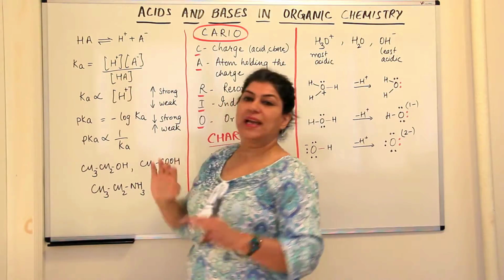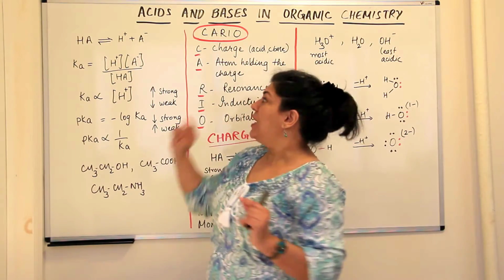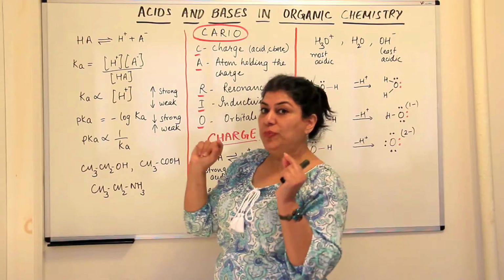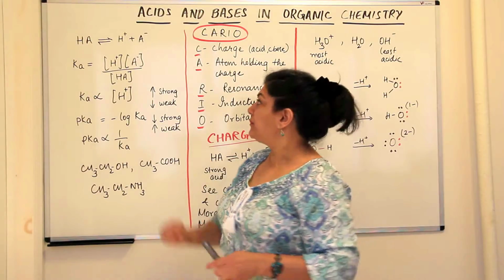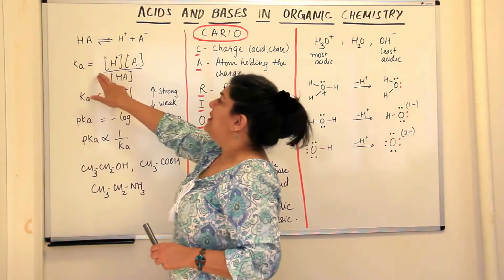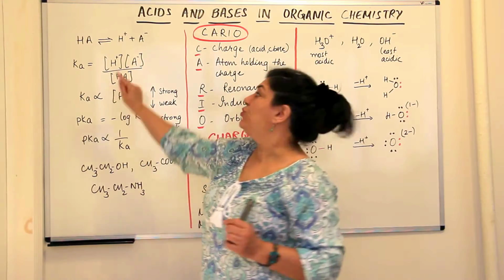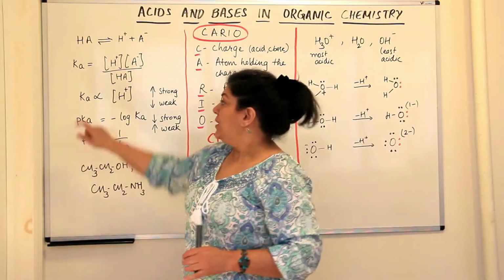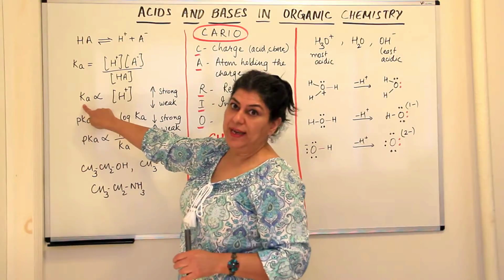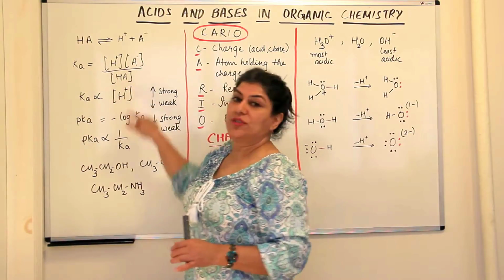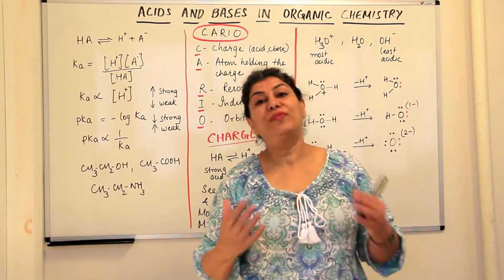The A negative and HA are there in the equation, of course, but our main focus should be the H positive ion. So we say the value of Ka is proportional to the H positive ion concentration.